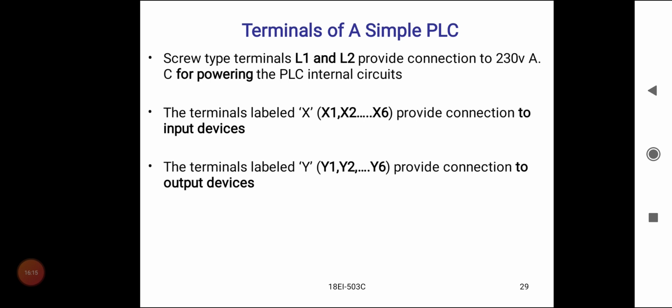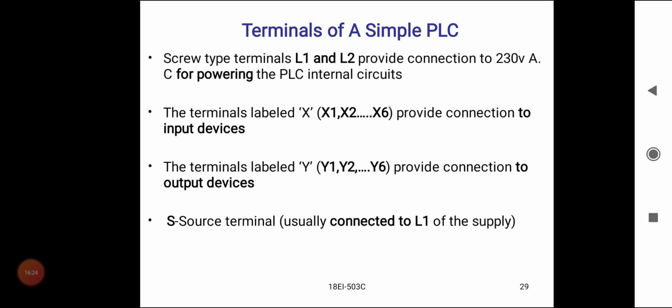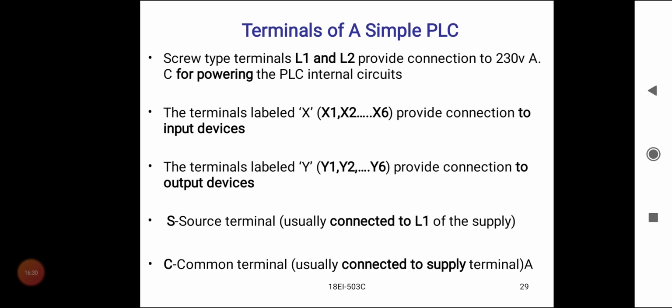The terminals labeled Y, Y1, Y2 up to Y6 provide connection to the output devices. S is a source terminal usually connected to L1 of the power supply. C is a common terminal usually connected to supply terminal L2.